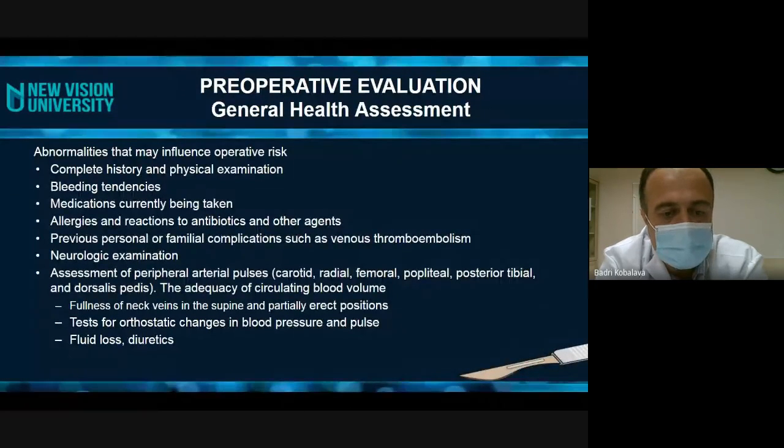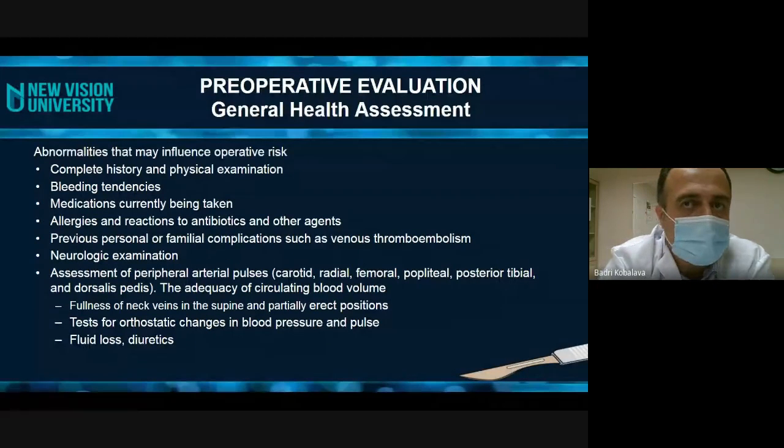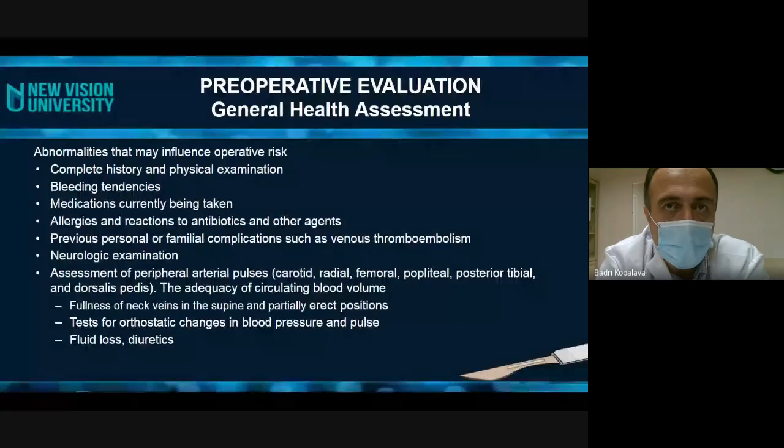How to assess the volume of the circulating blood? The patient can have an overload, too much fluid circulating in the bloodstream, or a deficit of the circulating blood volume. So you can judge about it. Of course, there are very sophisticated methods to determine that, but we're talking about the simple measures to quickly assess the patient's state.